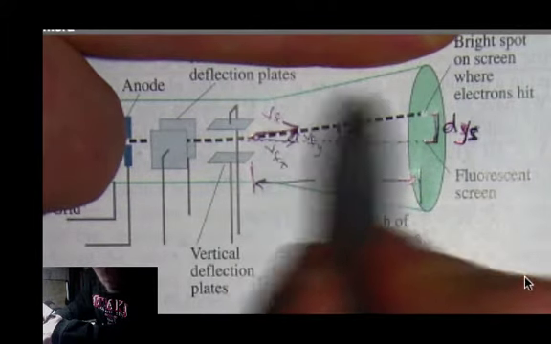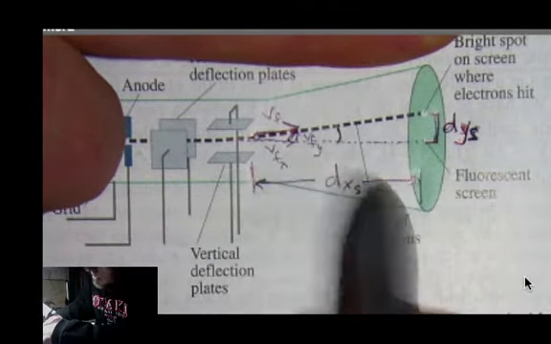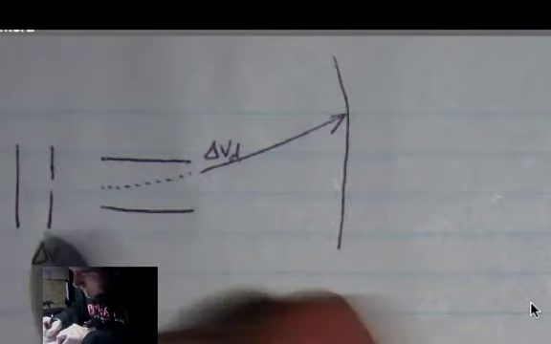So now that we have this understanding here on the paper, let me transfer that drawing. Okay, so we have the accelerating plates, the deflecting plates. Inside of the deflecting plates, we have this bit of deflection right here.